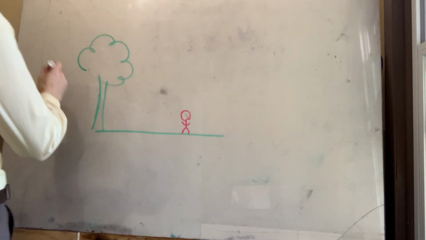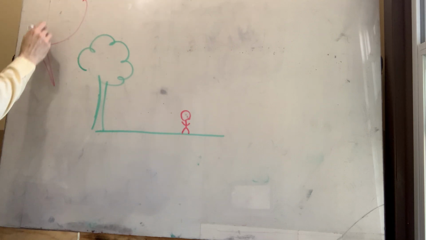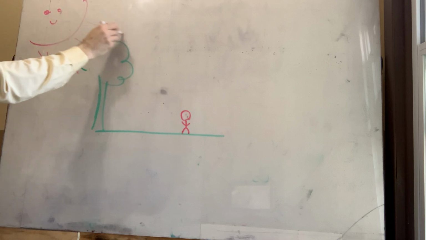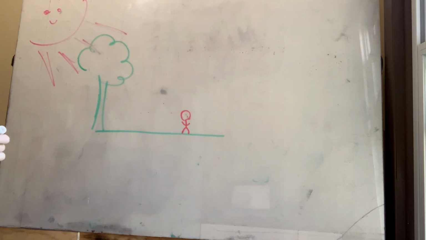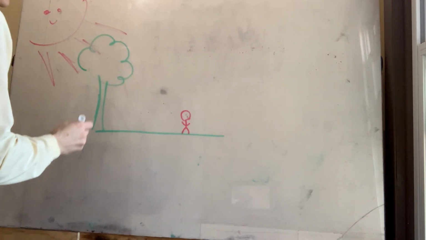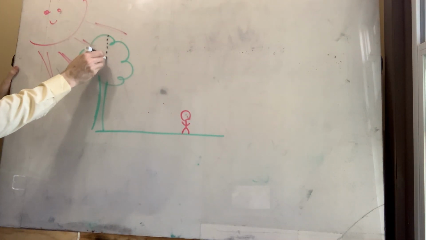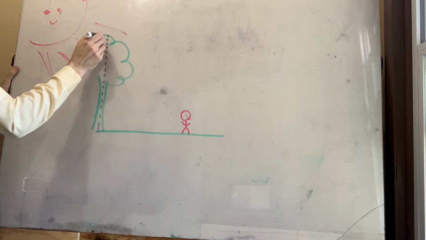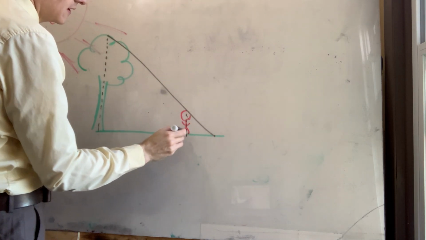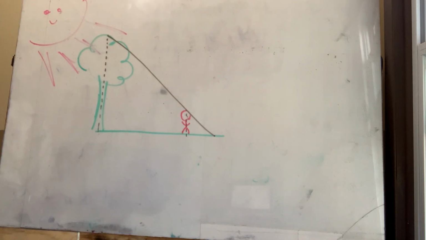And here's the sun, casting rays, but technically throwing shade, so that you have basically similar looking triangles, one sort of superimposed upon the other.